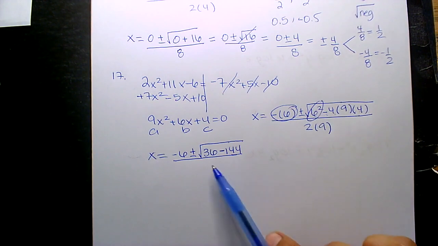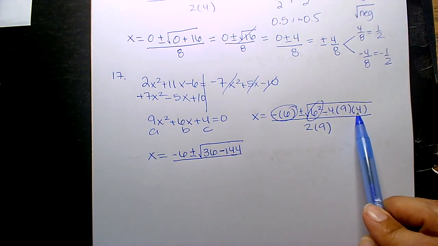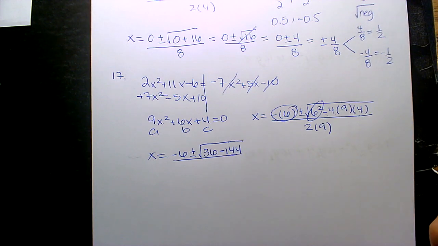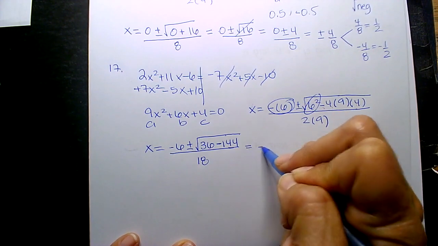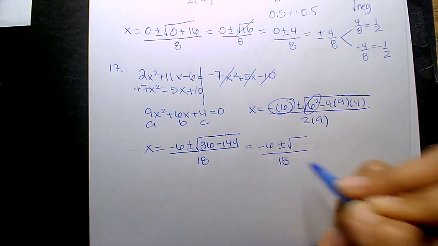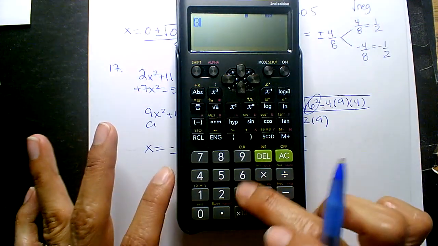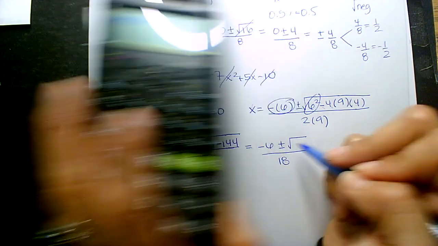Right? So 6 squared is 36, but a negative times a positive is a negative, right? It has an odd number of negatives. And then 2 times 9 is 18. So -6 plus or minus 36 minus 144 is -108.